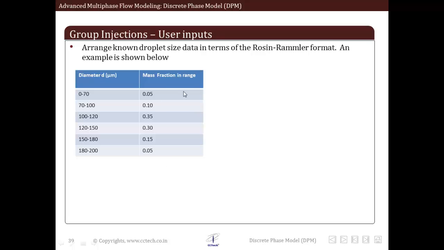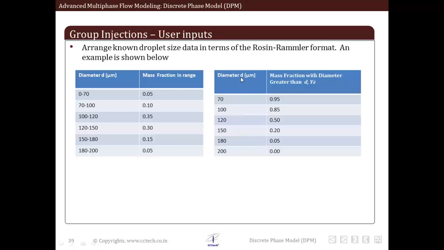So now all this data we have to fit in the Rosin-Rammler format. How we do this is shown here. We make two columns of data. First is diameter and second is the mass fraction with diameter greater than that particular diameter. That is, first for diameter 70, in front of that we write the mass fraction of particles that are greater than diameter 70.